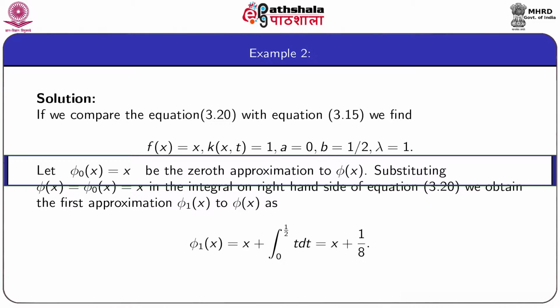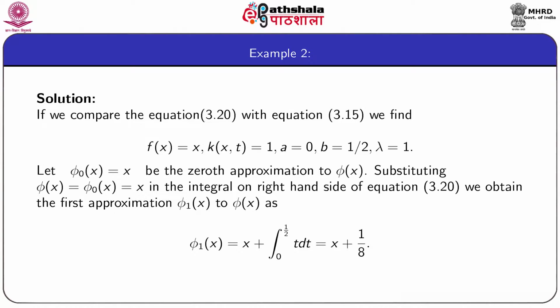Now we assume that the 0th approximation to phi x, that is phi naught x, is equal to f x, that is equal to x.